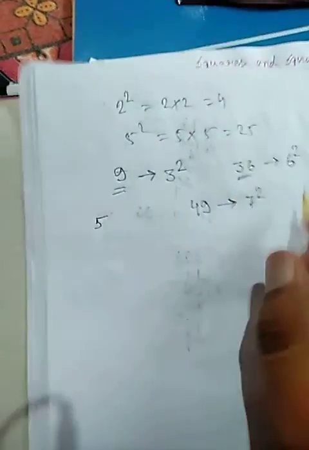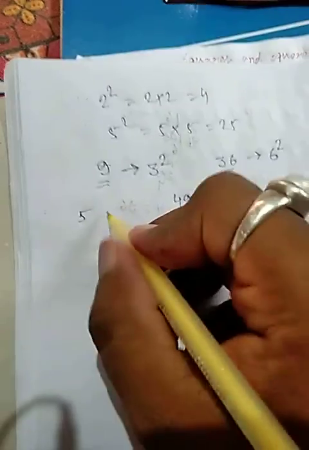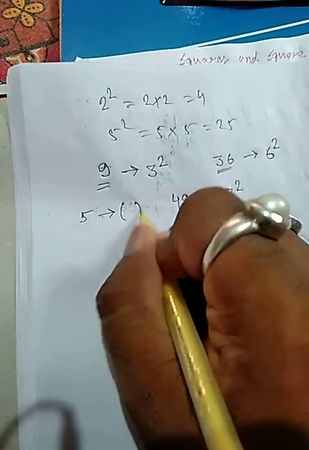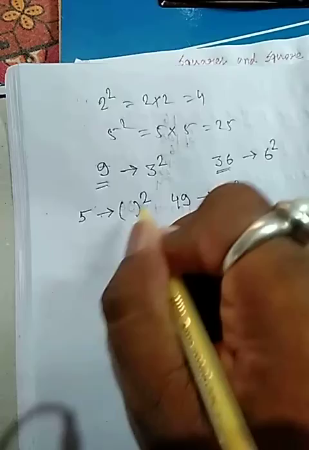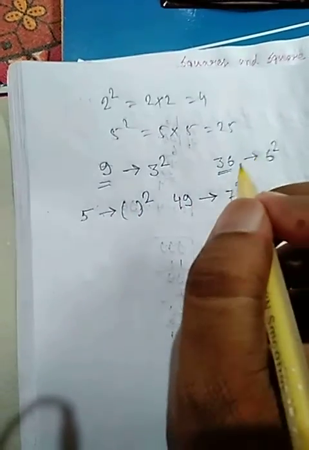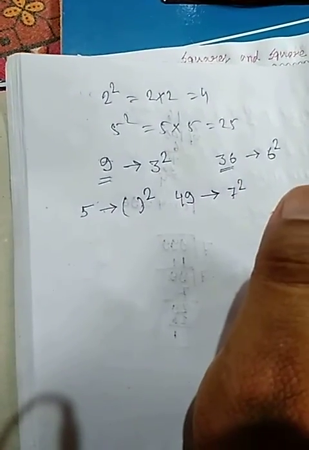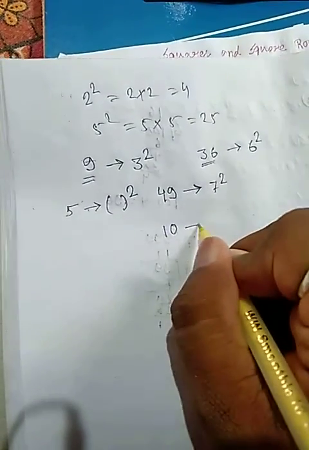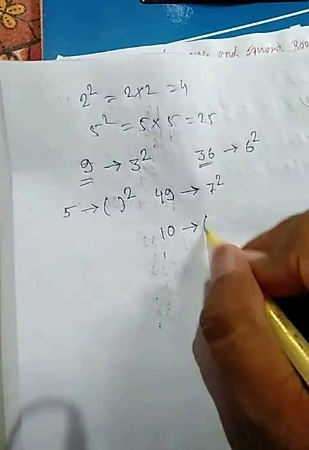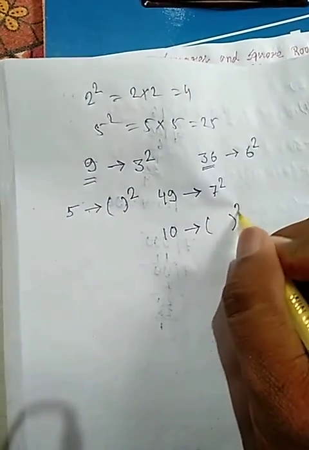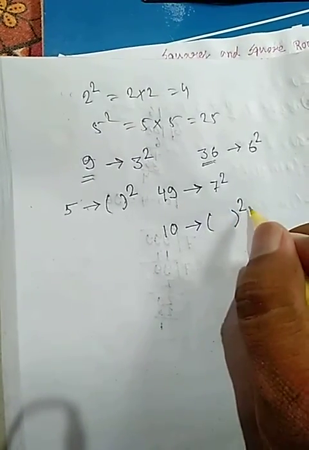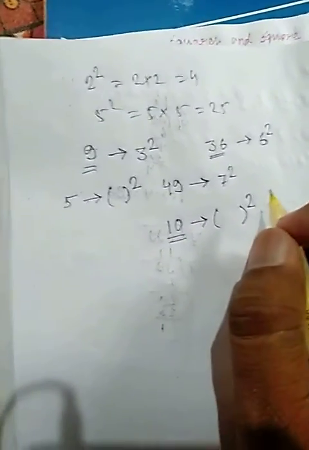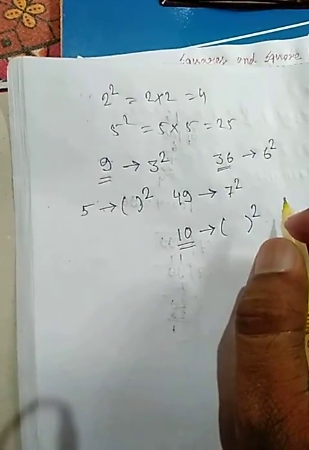If I ask you, is 5 a perfect square, obviously not, because you can't make this number as some natural number square. Similarly, 10 is also not a perfect square, because you can't make this number as some natural number square, clear.